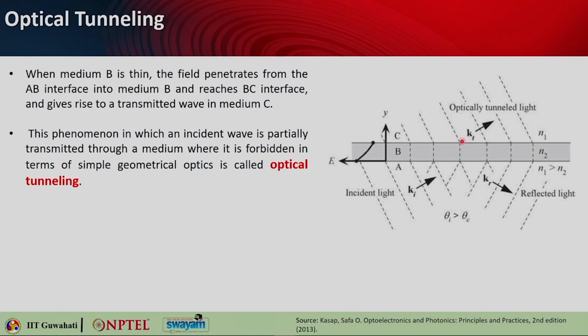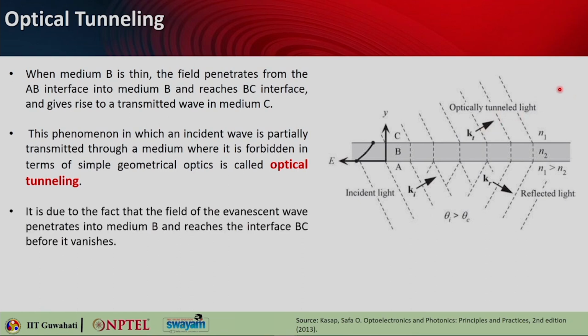It means no light should be able to go to the other side of the medium. But what you have seen is that because this layer is so thin, the field is actually able to penetrate and go to this interface, and from there it gives rise to a transmitted wave in the medium C. So it is basically optical tunneling.